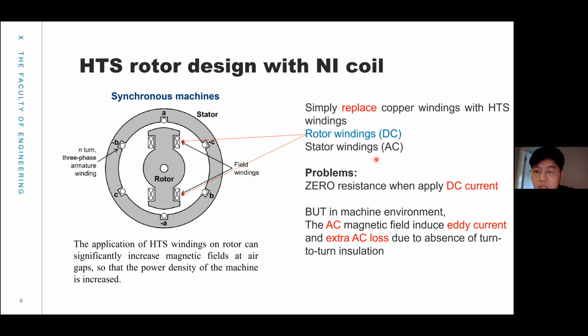But in a machine environment, the AC magnetic field will induce eddy current and extra AC loss because of the absence of turn-to-turn insulation. This will increase the AC loss in the NI coil, which is a big issue for designing a cryogenic system.